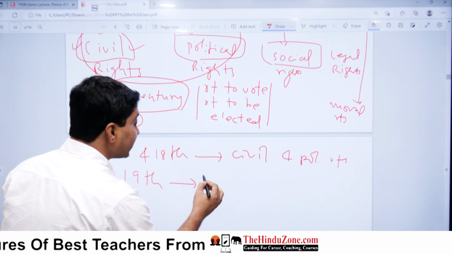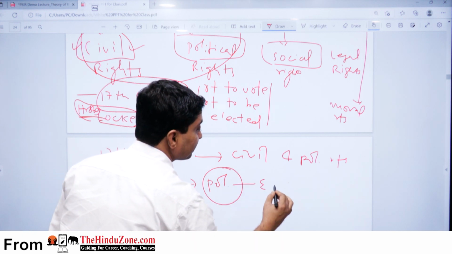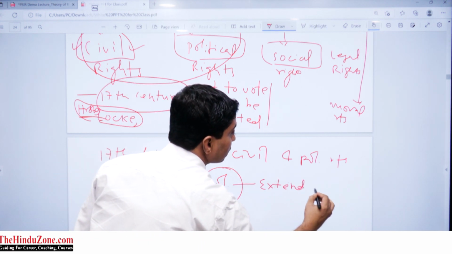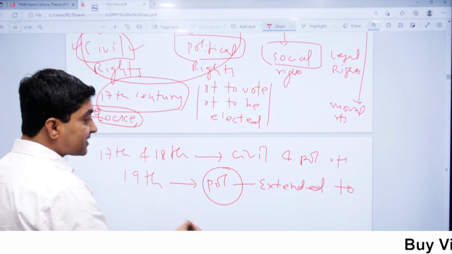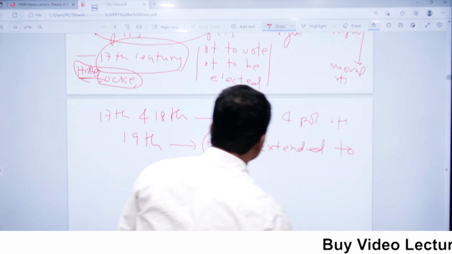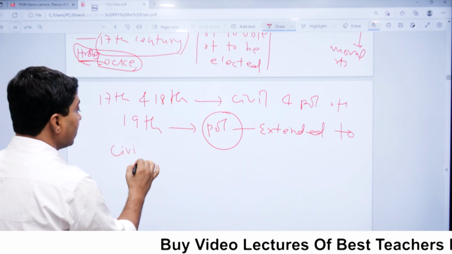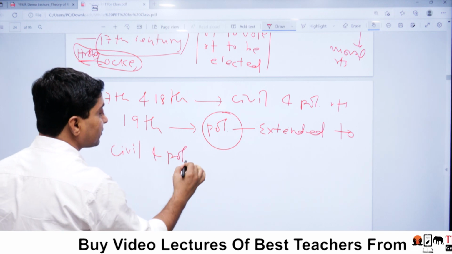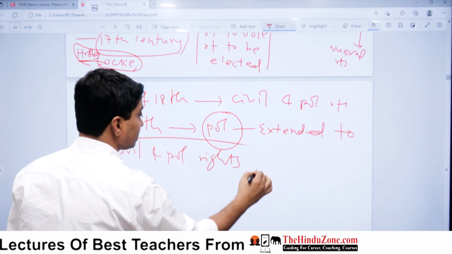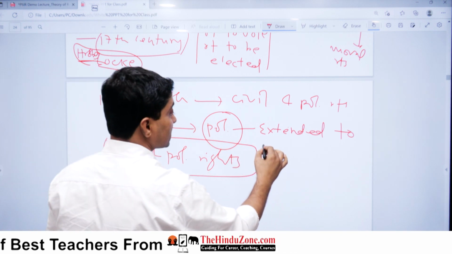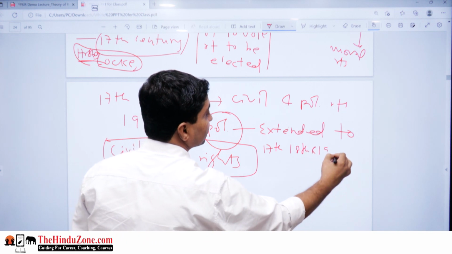So civil and political rights are the first set of rights that evolved in the 17th, 18th and 19th century.